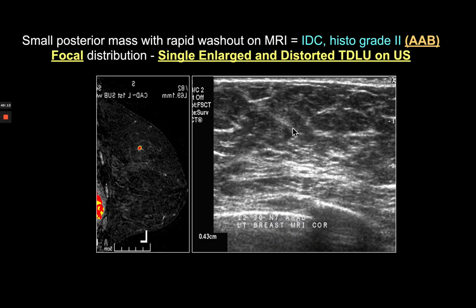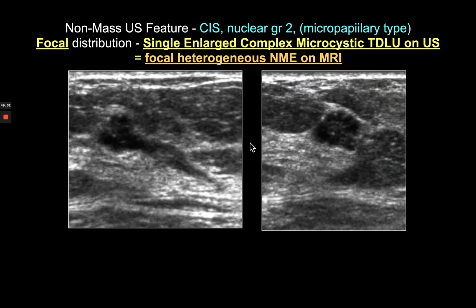So this was the second look ultrasound on the smaller posterior mass. We can see it looks like a single enlarged posterior TDLU, invasive AAB, and in effect that's what it was, luminal A. But the anterior non-mass enhancement, we can see these enlarged, clustered fluid-filled neoducts with some suspended microcalcifications.